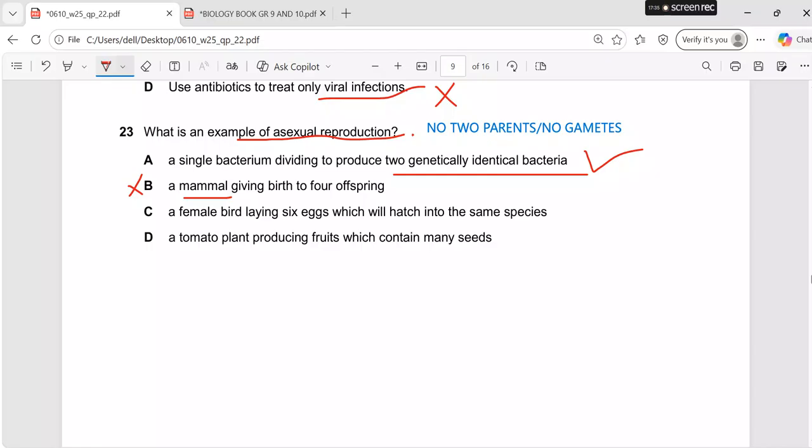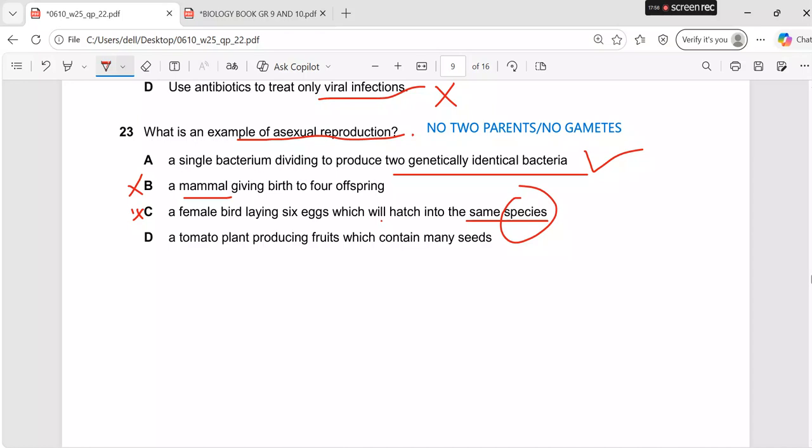A female bird laying 6 eggs which will hatch into the same species. Okay, again, not applicable. Female bird, sexual reproduction involved. Eggs are being produced and same species are being produced.